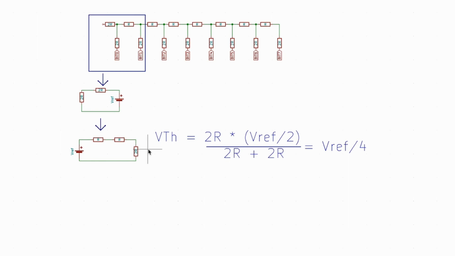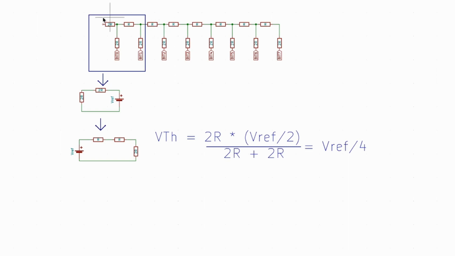So we have these three resistors and the Vref that we carried on, Vref half the size of the previous one, so 2.5 volts, and then we have 2R times Vref divided by 2R plus 2R, because we have three resistors equaling that, and that becomes a quarter of the voltage.